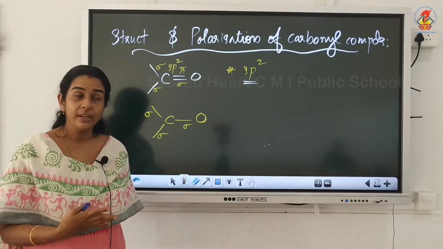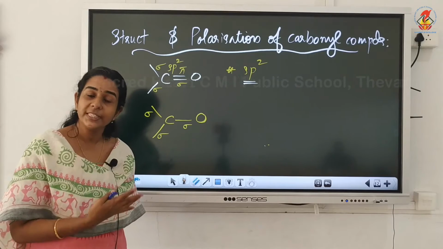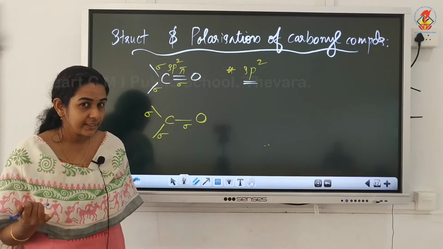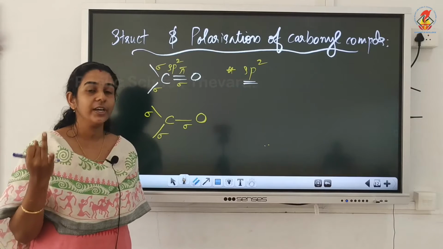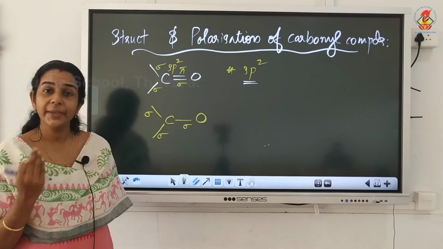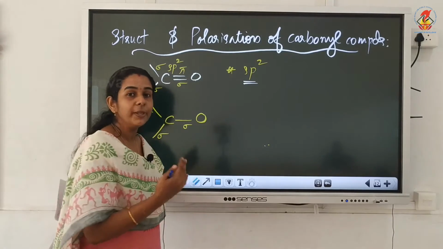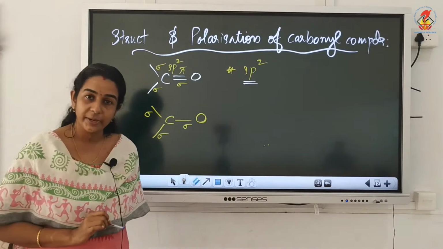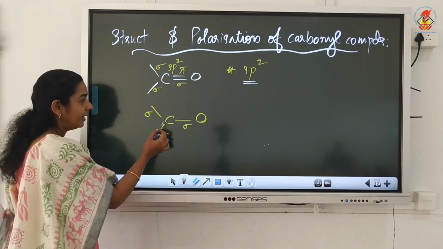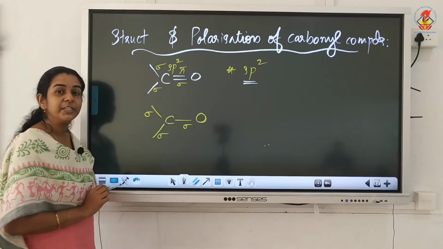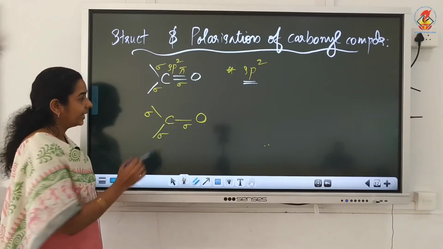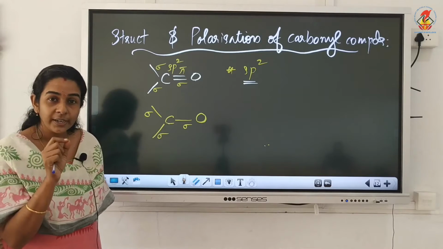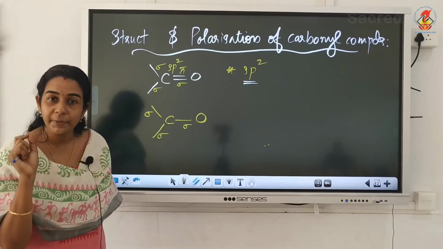But for the p subshell, how many orbitals are there? 3 orbitals are there, that is px, py and pz. So among the 3 p orbitals, only 2 p orbitals are undergoing hybridization. So the carbonyl carbon is sp2 hybridized means in this carbonyl carbon there is one unhybridized p orbital.